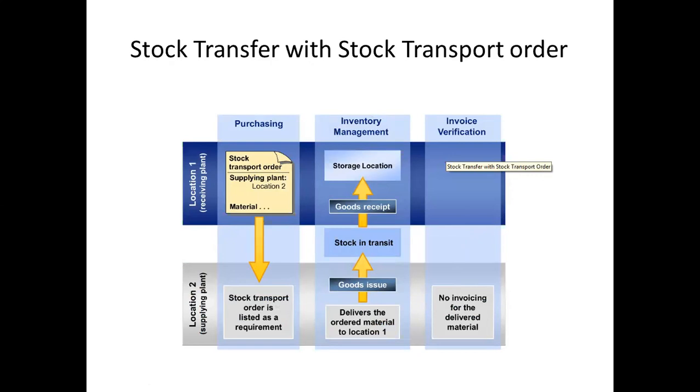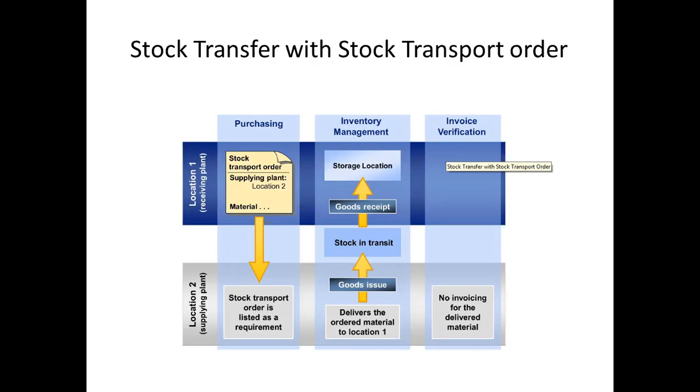In that case, the receiving plant creates a stock transport order to the supplying plant, and the supplying plant receives it, processes that order, and delivers the ordered material to the requesting plant.